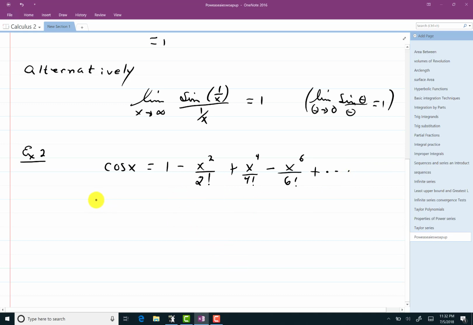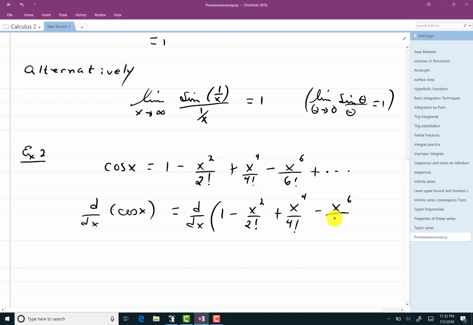And suppose I take the derivative. I do it to the other side. Just do enough terms so you get the idea.